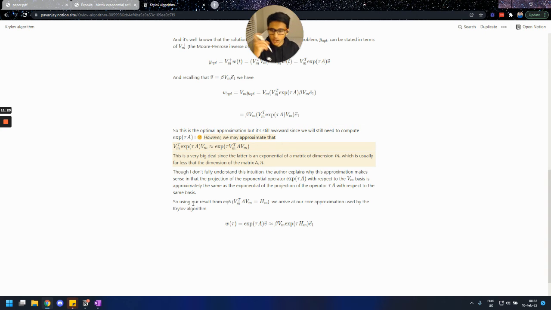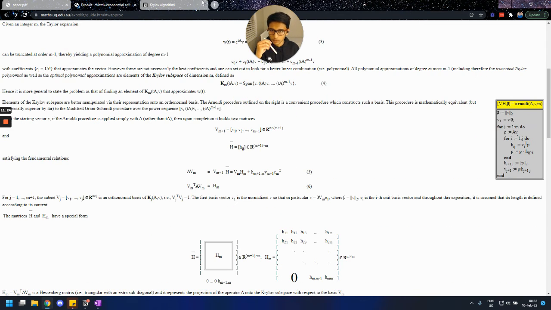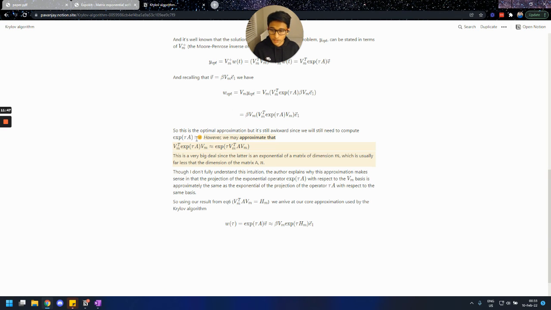So then, using a previous result from our Arnoldi algorithm output, we know that this other matrix that the Arnoldi algorithm outputs, kind of like a Gram-Schmidt alternative, but for this scenario, this H sub m matrix, this Hessenberg matrix, is actually the projection of A onto our orthonormal basis.